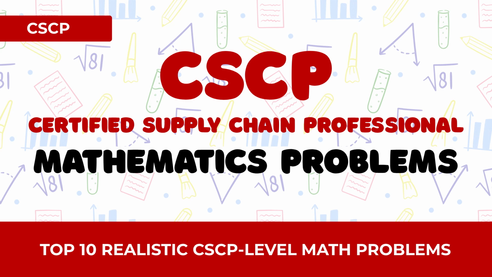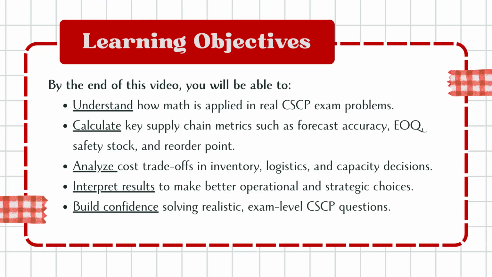We'll go step by step through 10 realistic CSCP-level math problems, each one carefully designed to mirror the actual exam in logic, style, and difficulty. You'll learn how to interpret each question, how to think strategically like a supply chain professional, and how to reach the correct answer with confidence.